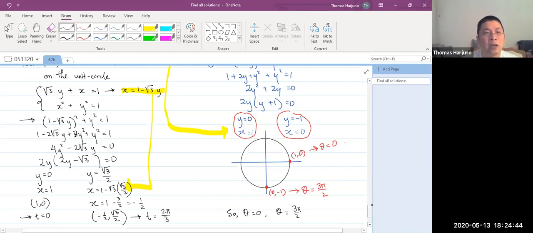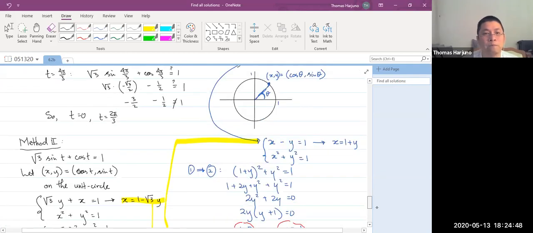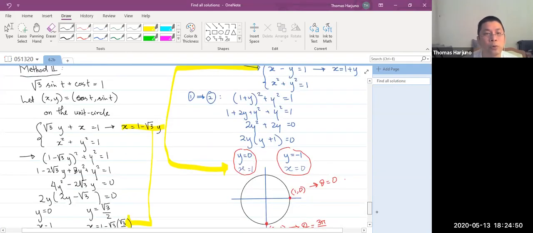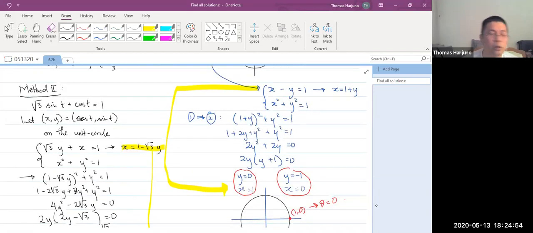Now, this second method is not quite well known, but it's actually useful, especially when you get an ugly number. Not in this class, where I try to use nice numbers.